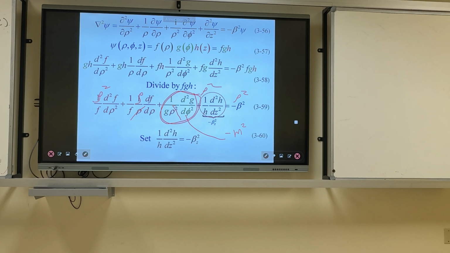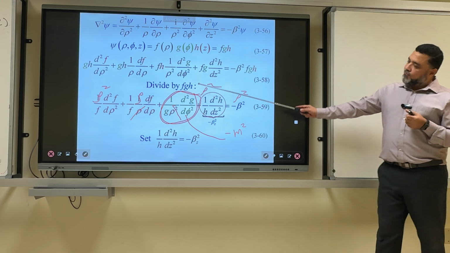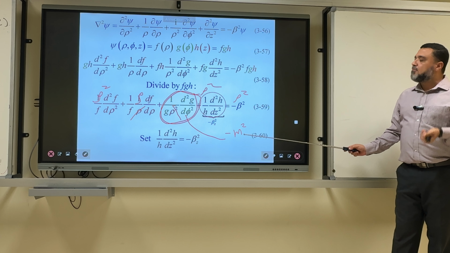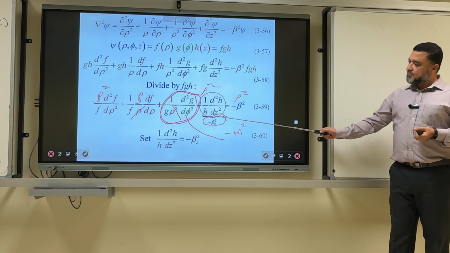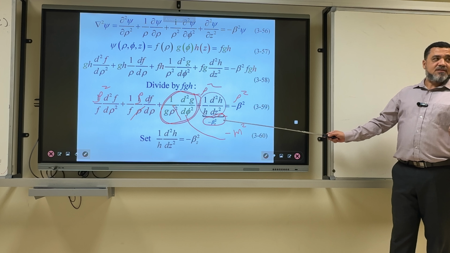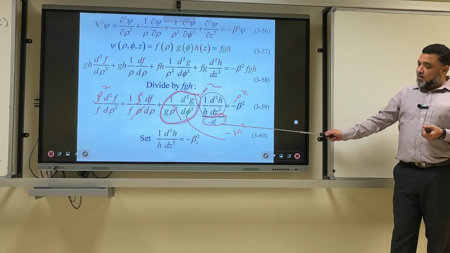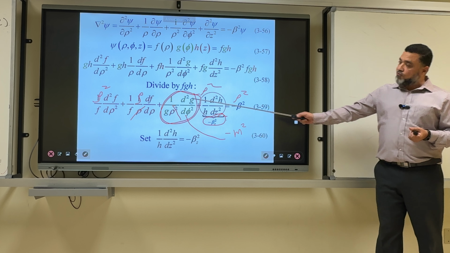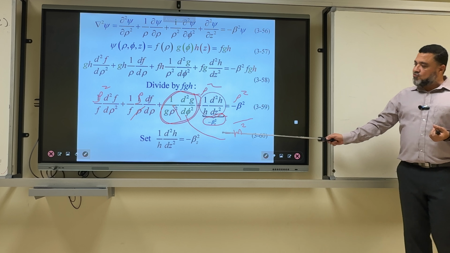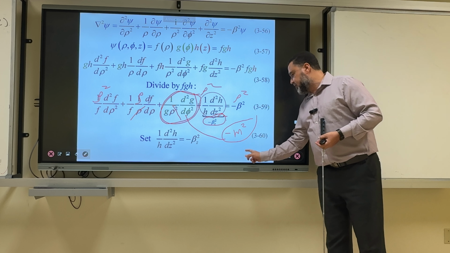You will notice that here I assumed this term, which is dependent on phi, to be minus m square, some unknown. But there I assumed beta z. You remember beta x, beta y, beta z? So I assumed I have some vector component of the propagation constant along z, but for phi, I didn't call it beta phi.